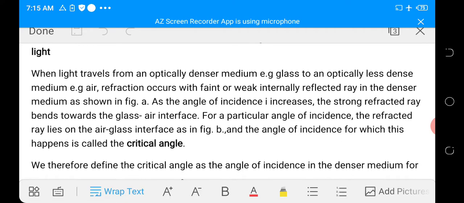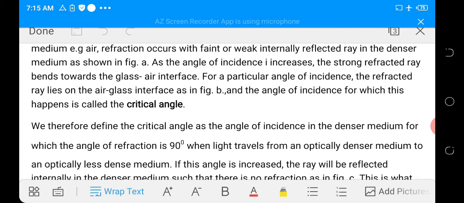For a particular angle of incidence, the refracted ray lies on the glass to air interface as in figure B, and the angle of incidence for which this happens is called the critical angle. We therefore define the critical angle as the angle of incidence in the denser medium for which the angle of refraction is 90 degrees when light travels from an optically denser medium to an optically less dense medium.